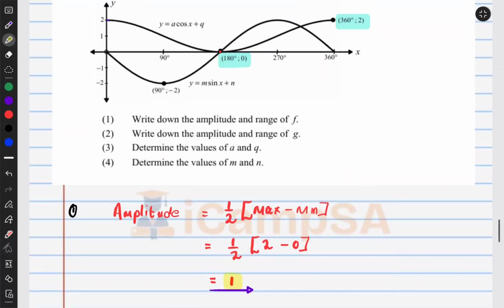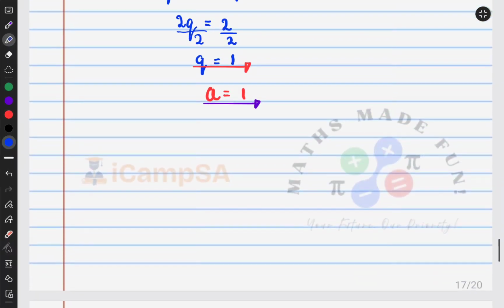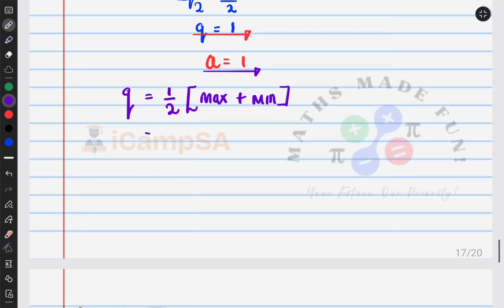Then for q, this is the formula I was referring to. You could have calculated q using this formula, which is 1 over 2 into the maximum value plus the minimum value. What is our maximum value? It's 2.